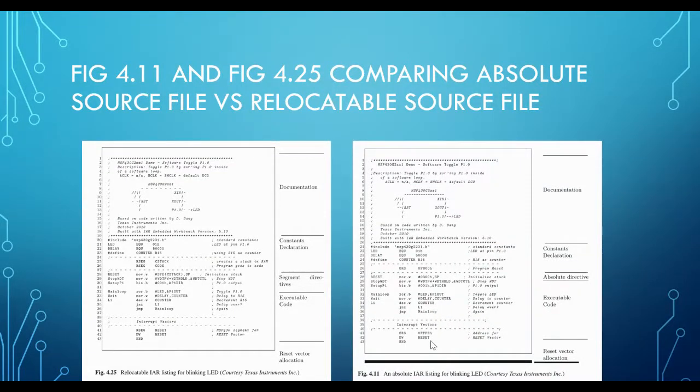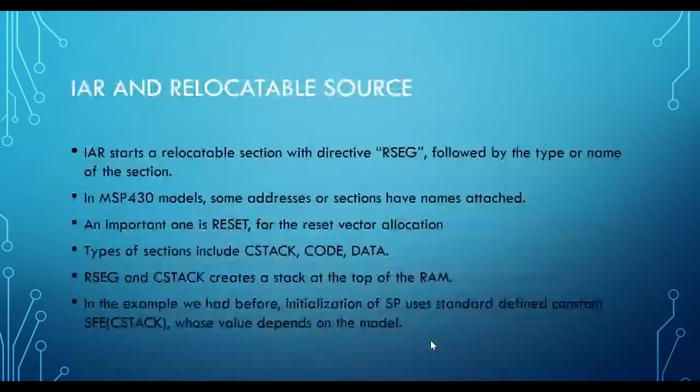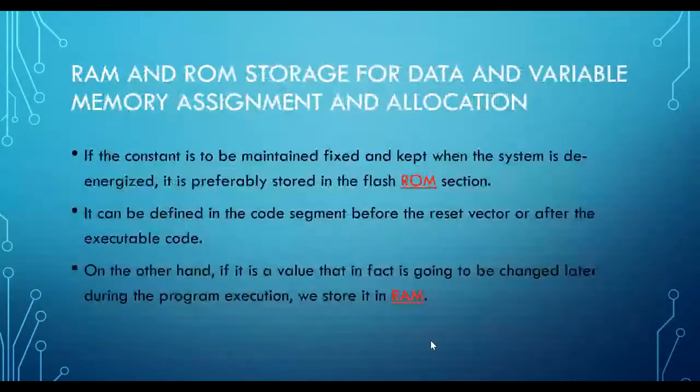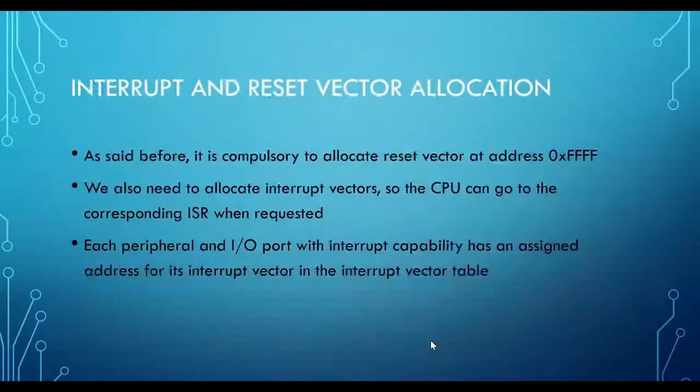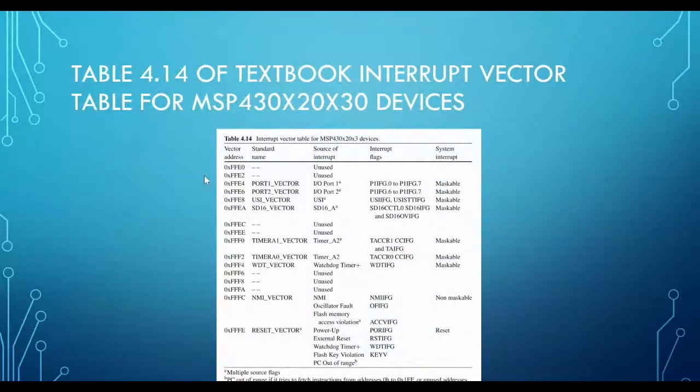You need to define it, and this table shows you where all these interrupts are. The reset address is at this point. The port 1 vector means that if you toggle port 1 or whatsoever, you can do something with this interrupt.